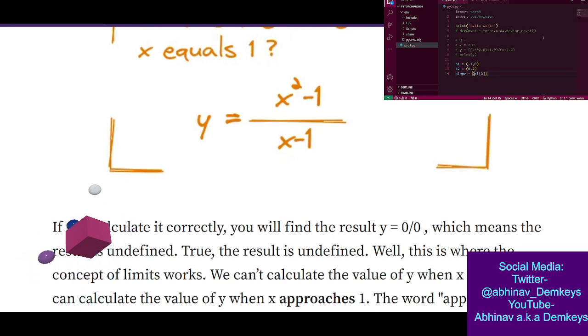So P1 index 1 minus P2 index 1, I think. Yeah. And then we divide that by P1 x minus P2 x. I think I did that right. Now, once we have that, we can print it out. This should be our slope, right?